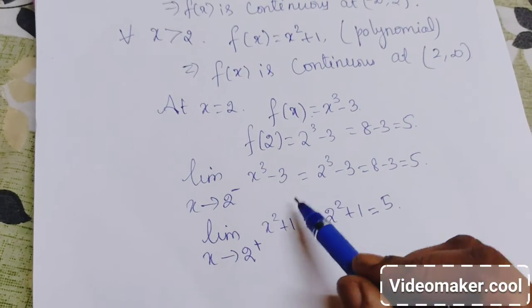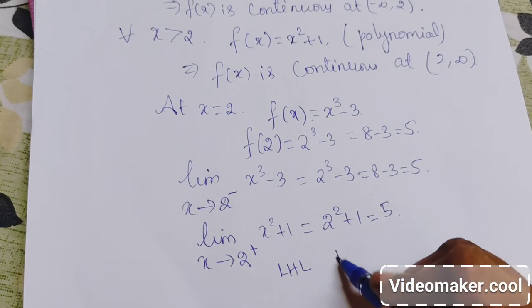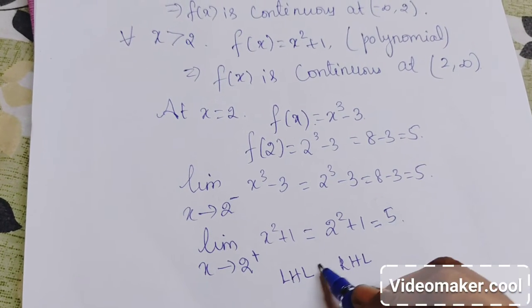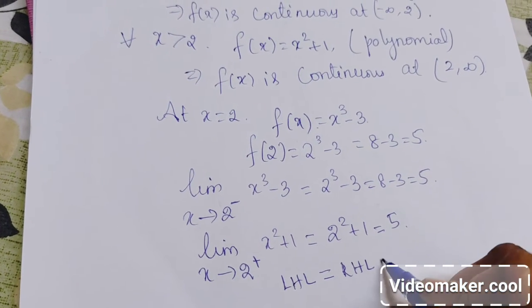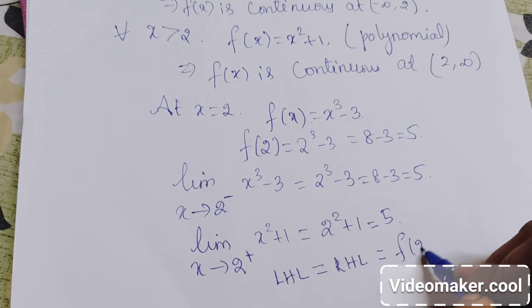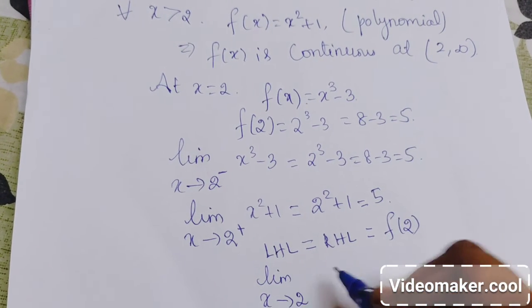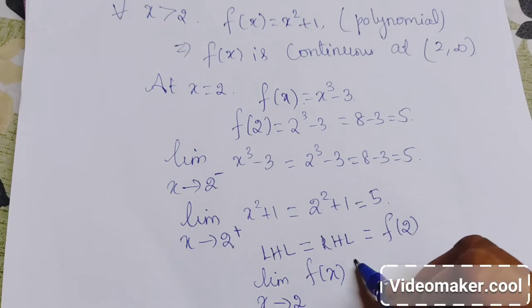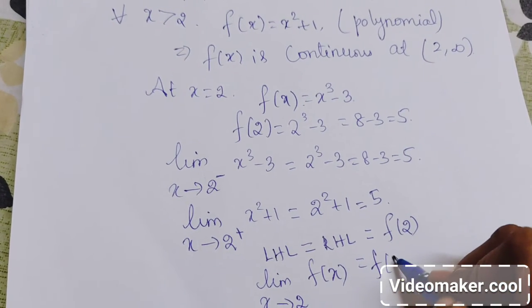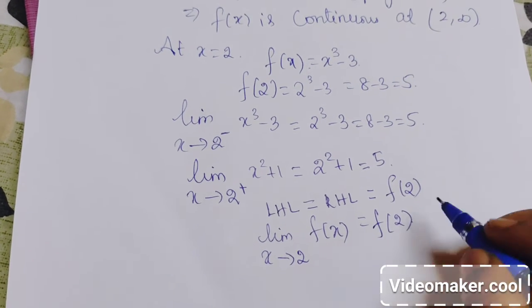So at 2 we are able to get the left hand limit and right hand limit, and those limits are equal. As well, these are equal to the functional value f of 2, which says limit x tends to 2 of f of x equals f of 2. Therefore the function is continuous at 2.